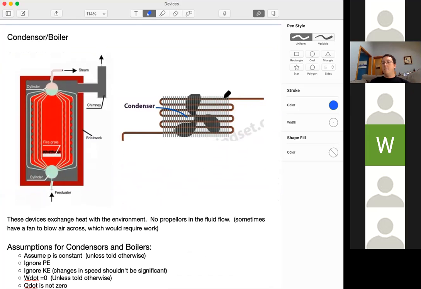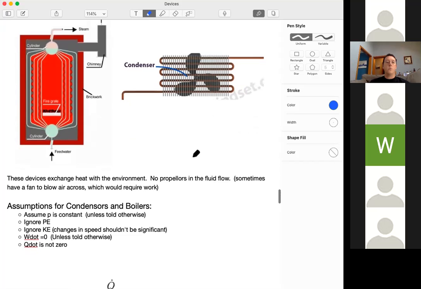And so maybe it enters as a vapor and it leaves as a liquid, typically, but you have to look at the numbers to check that out. Sometimes there's a fan, but not always. It could just be open to the air. So the question is, are you using free convection or forced convection to cool it off?